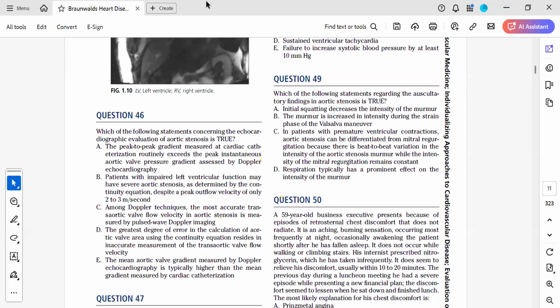Among the Doppler techniques, the most accurate transaortic valve flow velocity in aortic stenosis is measured by pulse wave Doppler imaging. It's usually continuous wave Doppler that we use to assess the aortic valve.